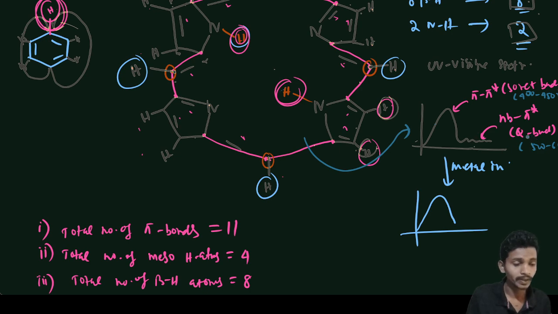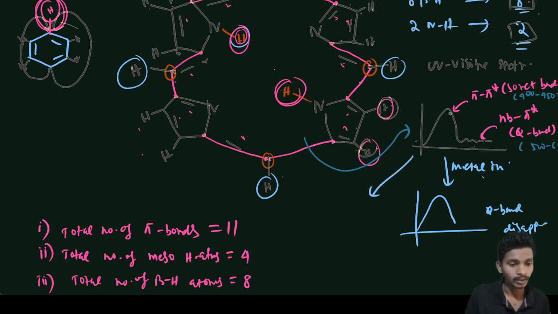This Q band will disappear because the metal ions will make bonds with the non-bonding electrons.